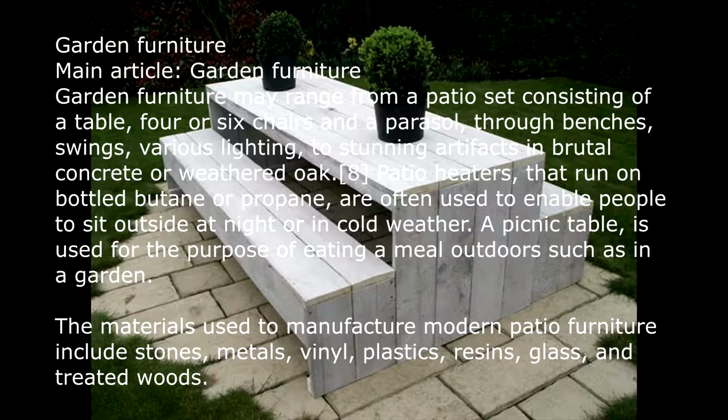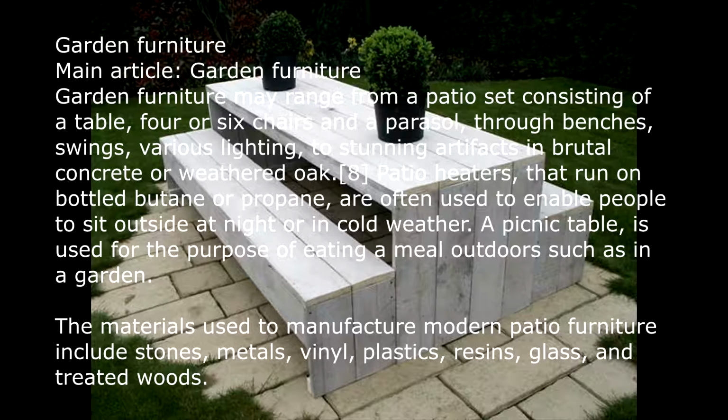Number 6. Garden furniture: Main article: Garden furniture. Garden furniture may range from a patio set consisting of a table, 4 or 6 chairs and a parasol, through benches, swings, various lighting, to stunning artifacts in brutal concrete or weathered oak.